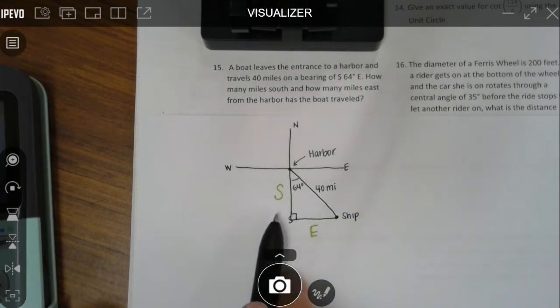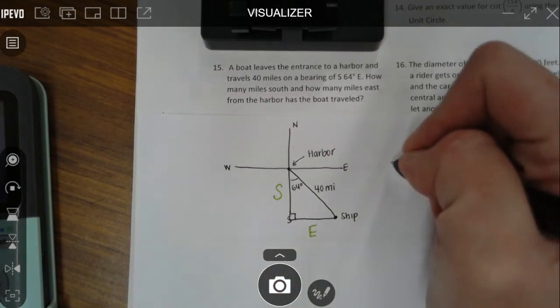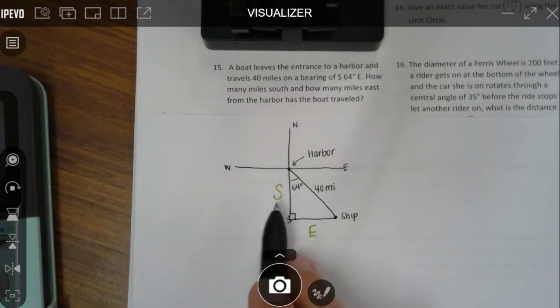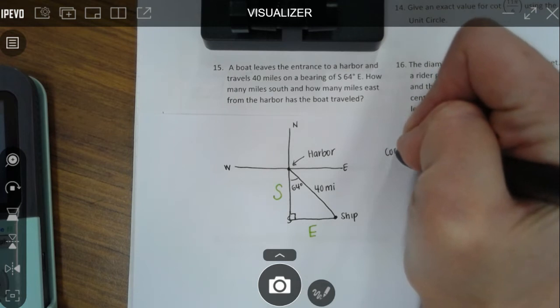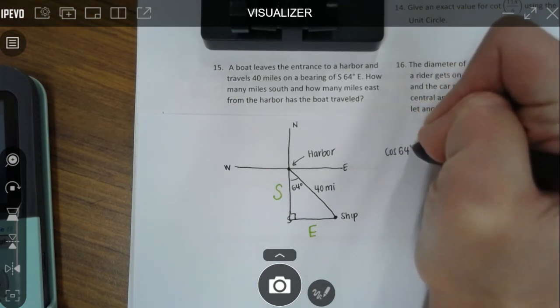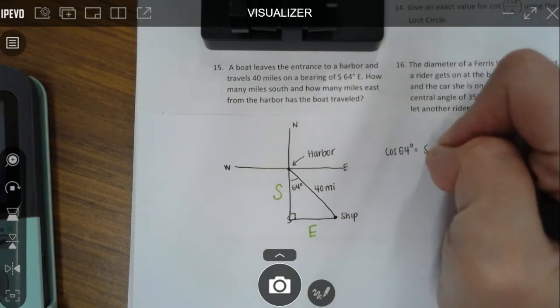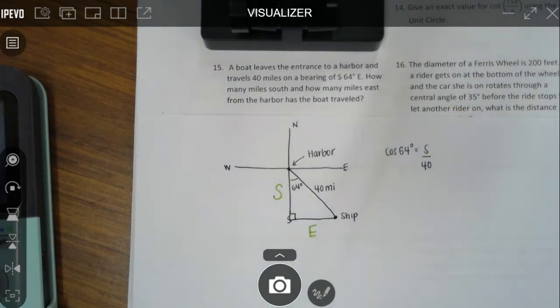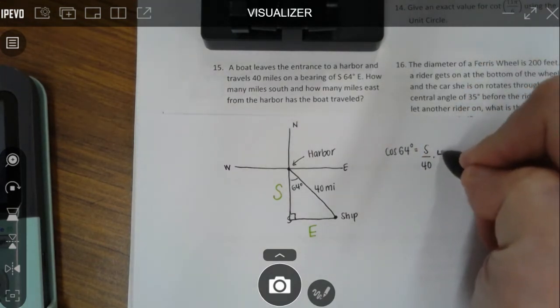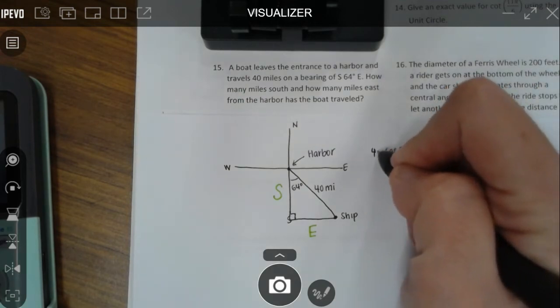So I can either set up sine or cosine. It doesn't matter which one I solve for first, just pick one. So I'll solve for the south side first by using cosine. So I'm going to set up cosine of 64 degrees is equal to my adjacent side of S over my hypotenuse of 40. And then I'm going to multiply each side of the equation by 40.